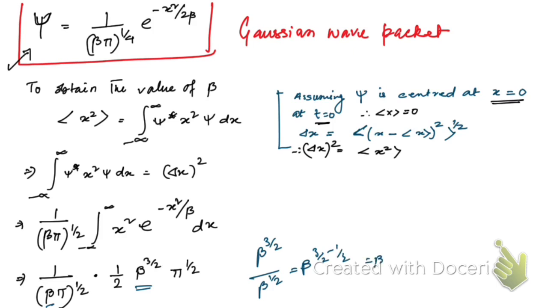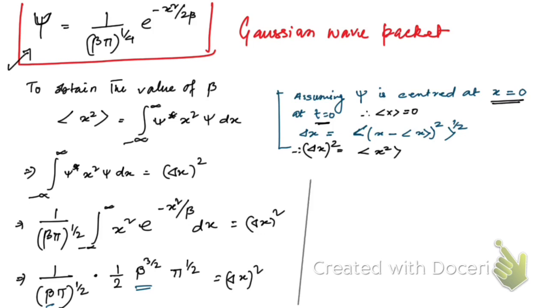On the right hand side we should have del x square. So we're going to get half beta is equal to del x square, so beta will be equal to 2 del x square. That's what we have got.